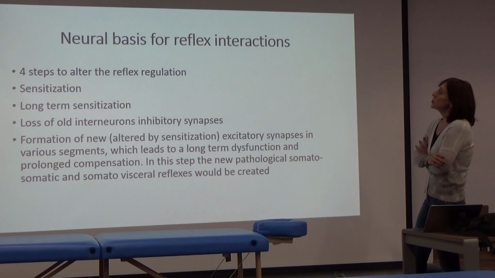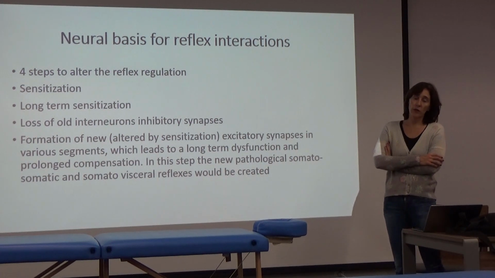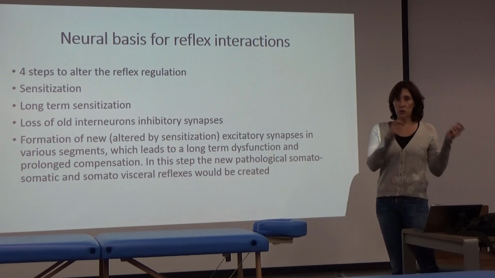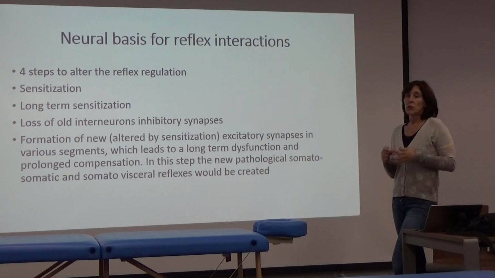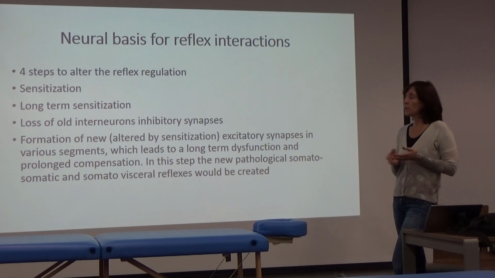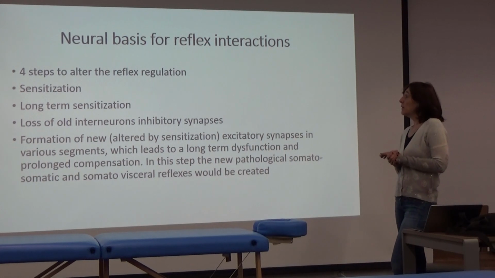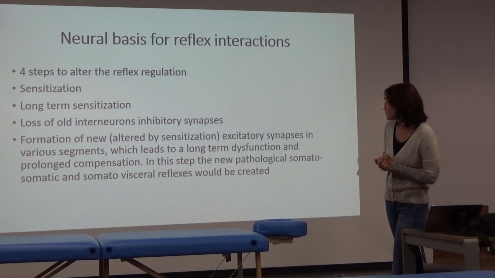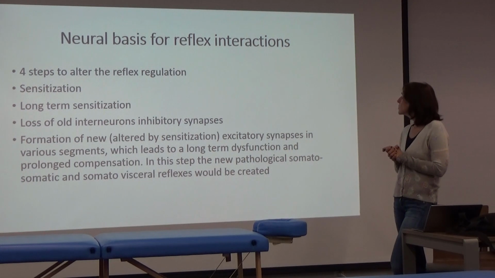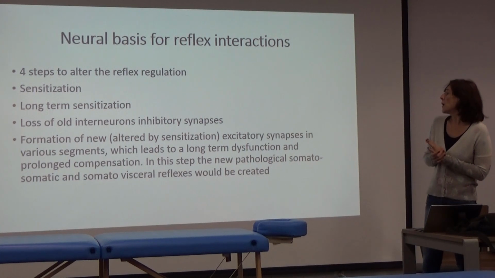There are 4 steps to alter the reflex regulation. Again, normally the stimulus comes in, should be regulated on this special level of spinal segment, discharged, dealt with, and discharged completely, and going back to the normal reflex activity. Then we have altered reflex when we have sensitization, long-term sensitization, loss of old interneurons' inhibitory synapses, and formation of new excitatory synapses in various segments, which leads to a long-term dysfunction and prolonged compensation.